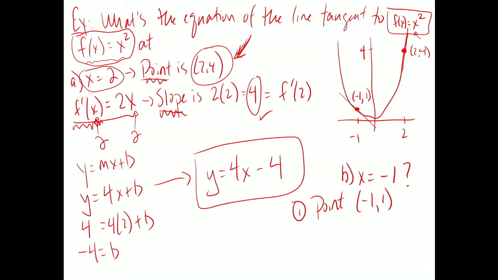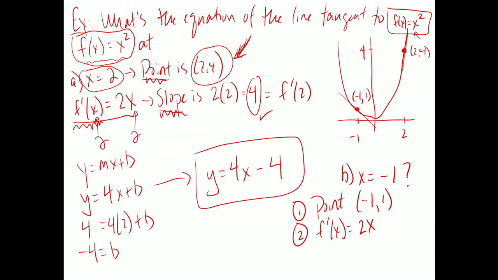And the other thing I need is what's the slope? Well, same as I did before. In order to figure out the slope, I'm going to use the derivative. And remember, again, since we did this problem already, the derivative of x squared, remember, that's our f of x way up here in the corner. That's the parabola, x squared. The derivative of x squared we did turns out to be 2x.